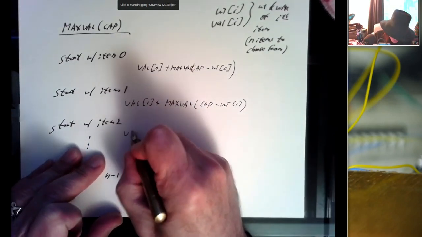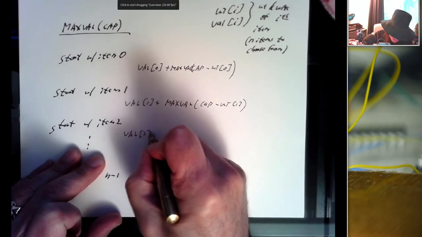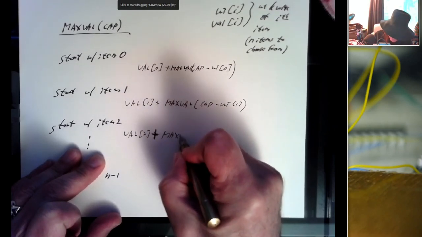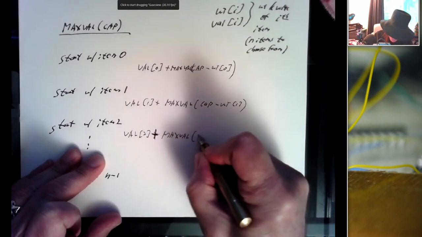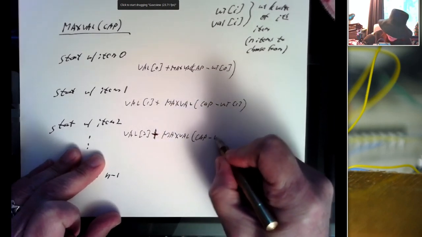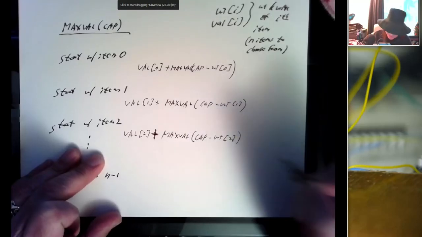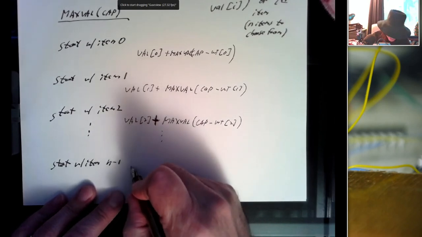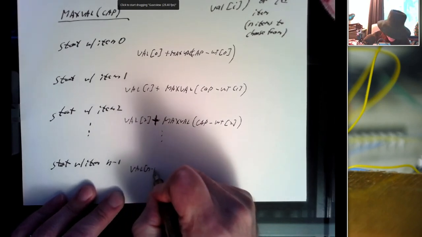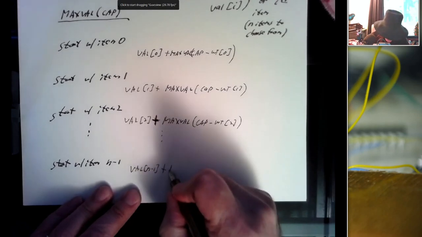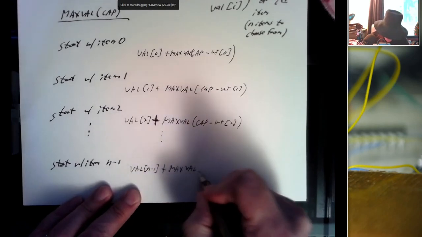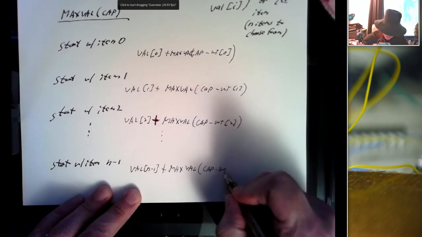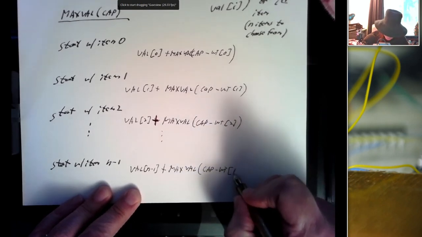And if we start with item 2, the maximum value we can get is the value of item 2 plus whatever the maximum value is we can get from a bag whose capacity has been reduced by the weight of item 2. And in our last case, if we start with item n-1, we get the value of item n-1 plus whatever the maximum value is we can get from starting with a bag whose capacity has been diminished by the weight of item n-1.